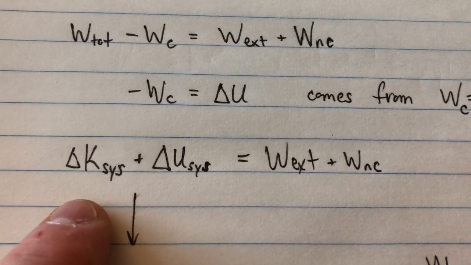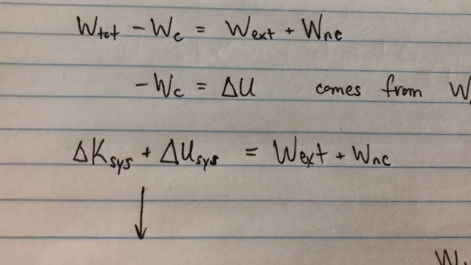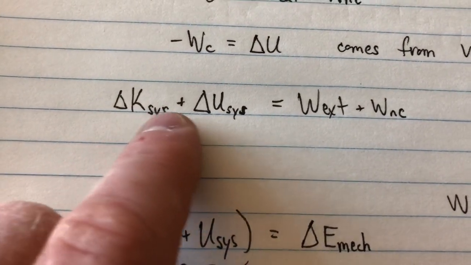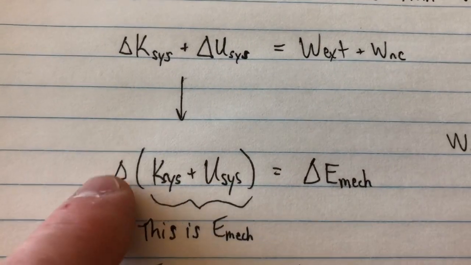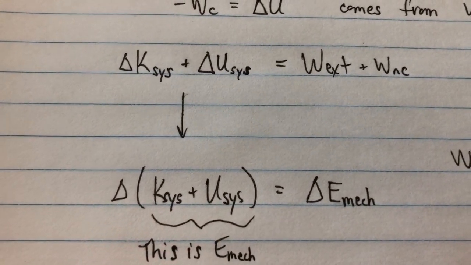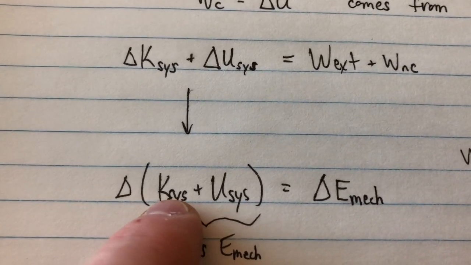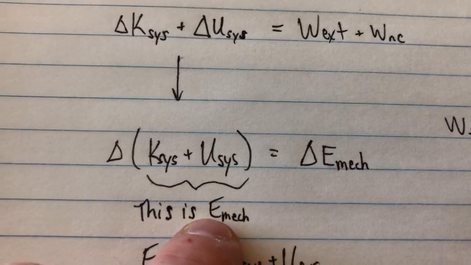Now, if I define this following quantity right here, I'm going to introduce a quantity called mechanical energy. If you take the change in the kinetic energy plus the change in the potential energy, that's the same as saying the change in each one added together. This quantity, if I take at any given moment the kinetic energy plus the potential energy, is called the total mechanical energy.